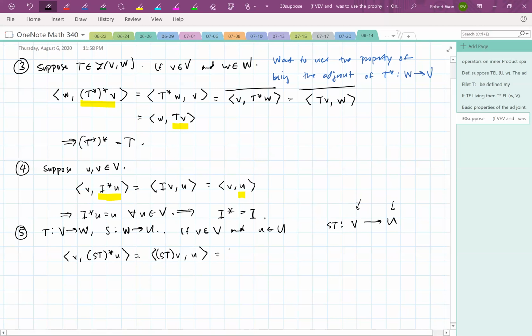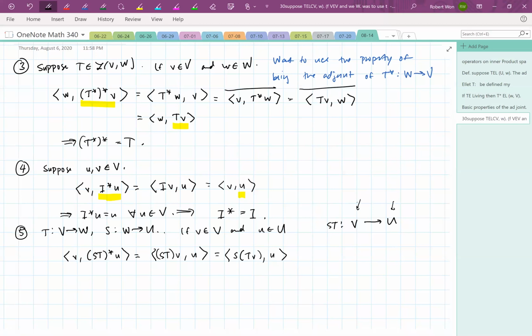Okay, but this is the same thing as S of TV, comma U. And now I can use the adjoint of S and move just the S over to the other side. Right? This is S of something, comma U. So it's the same thing as the something, comma, the adjoint of S applied to U. Now I can use the adjoint of T. I mean, I can push the T across by taking the adjoint.